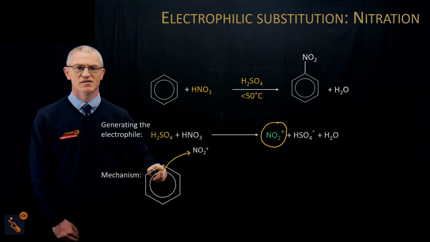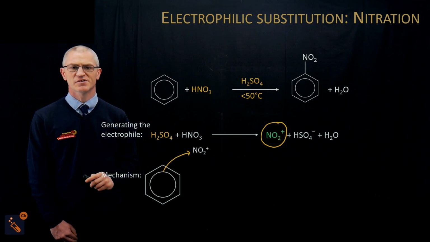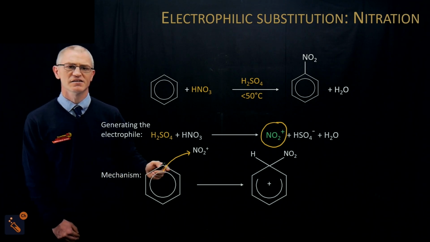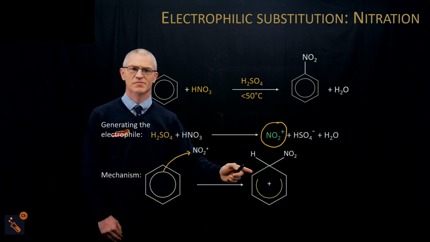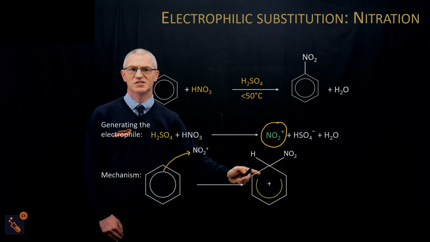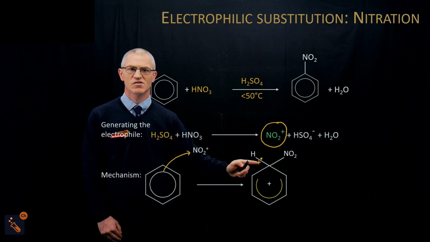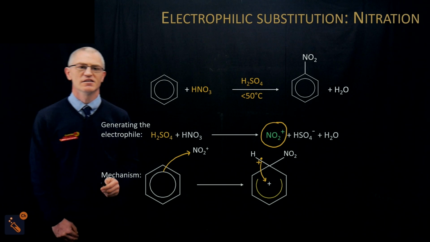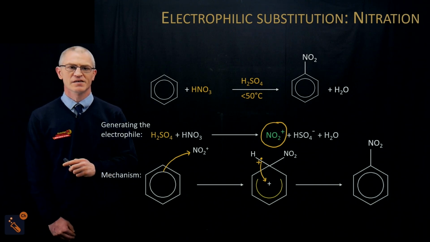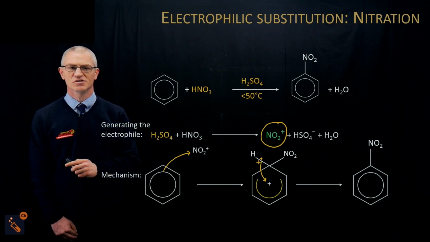We take two electrons out to form a dative covalent bond with the electrophile. We've done our clown's face, and we've done the missing two parts where the two electrons have gone out. We're now going to put our electrons on the hydrogen, the carbon-hydrogen bond, and put those electrons back in to restore the ring. And that then gives you your nitrobenzene.